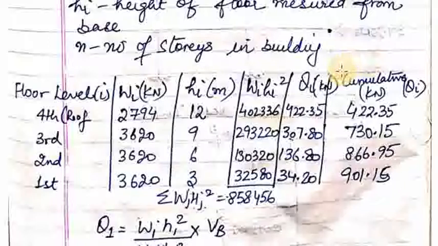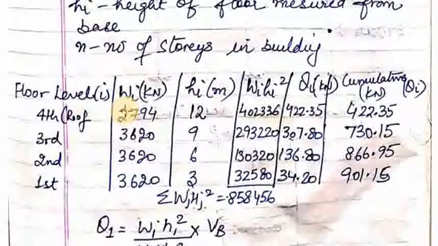Then we'll cumulate the value of Qi. Now for the first floor, Wi is this. For the second floor, Wi is this. For the third floor, it is this. For the fourth floor, it is this.